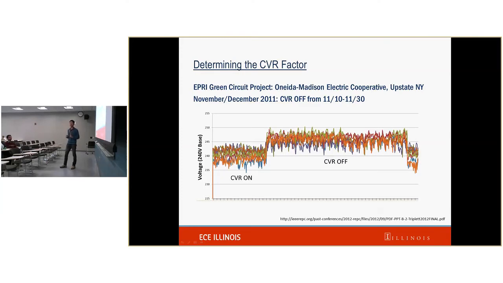So what we propose in this research, going back to this, is first just to show you a simple way to determine the CVR factor. This comes from the EPRI Green Circuit project. They ran CVR on and CVR off every day, day on, day off, day on, day off for about 2 months. What they usually calculate is a comparison method. They sum all the CVR on days, subtract the CVR off days, and do the averaging.